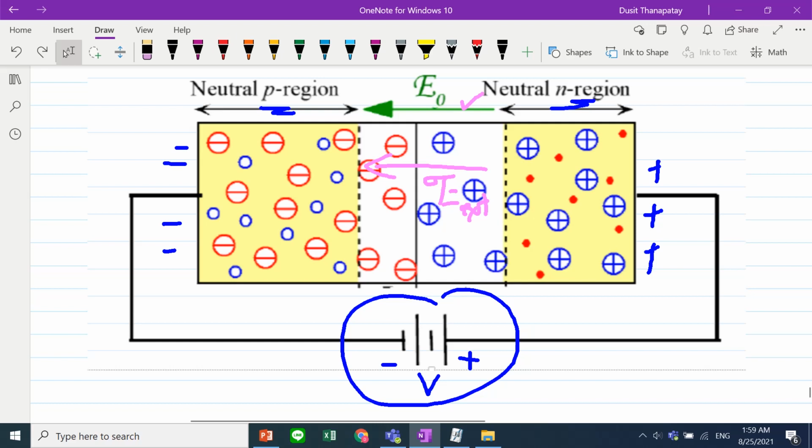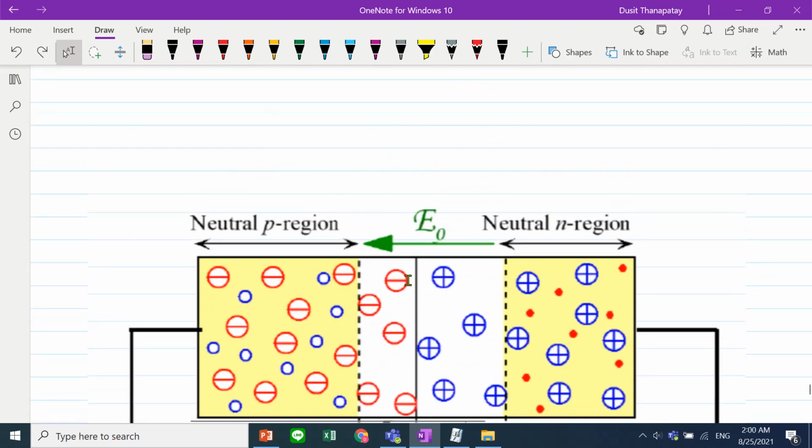So the resultant electric field prevents the diffusion of electrons and holes. So with this biasing, there is no current in the circuit.